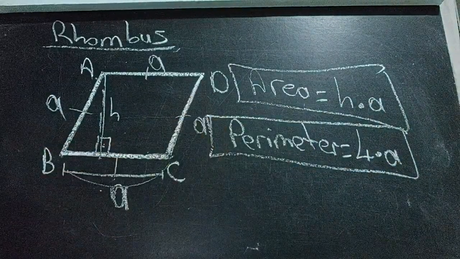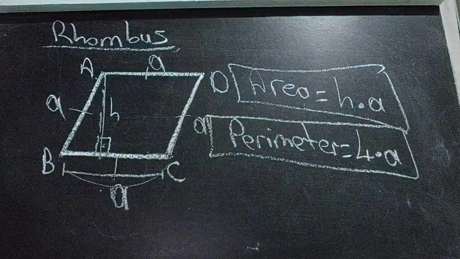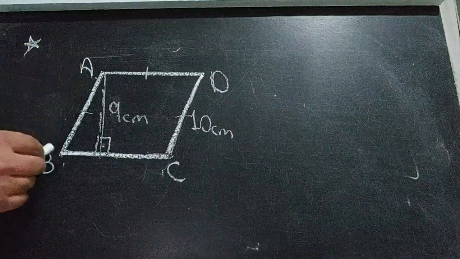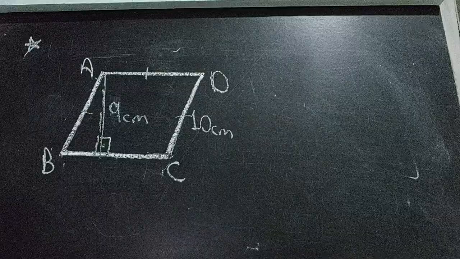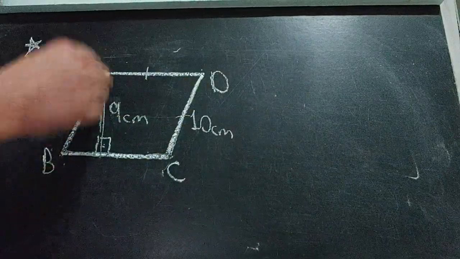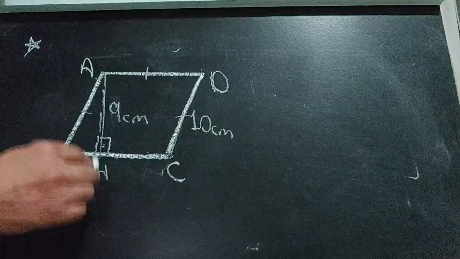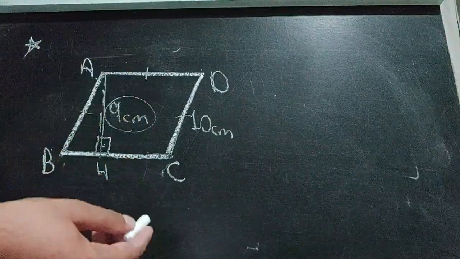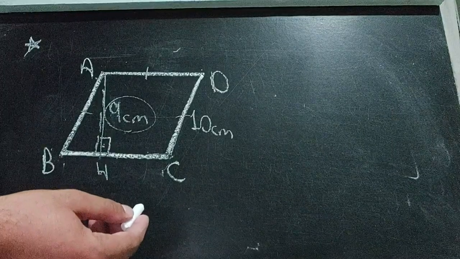Okay, let's solve one question about rhombus. The question is asking us, ABCD is a rhombus, DC is 10, and let's say height is 9 centimeter. What is the area and perimeter of the rhombus?